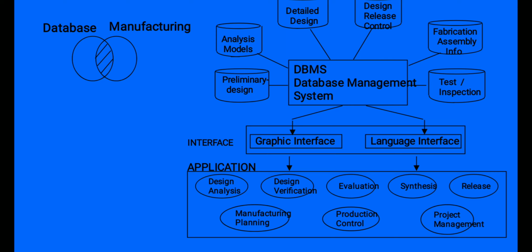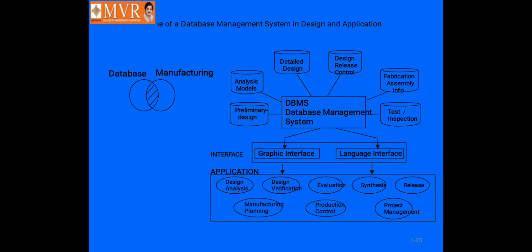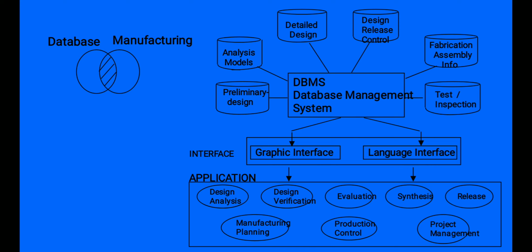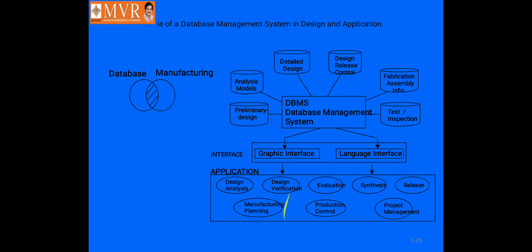For applications we use design analysis, design verification, evaluation, synthesis, release, manufacturing planning, production control and project management. See the diagram. So generally, this is the overview of the database management system.